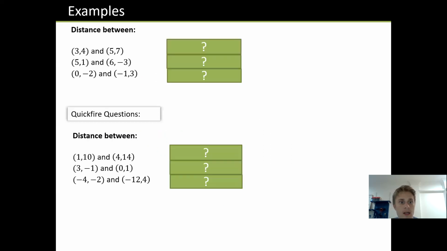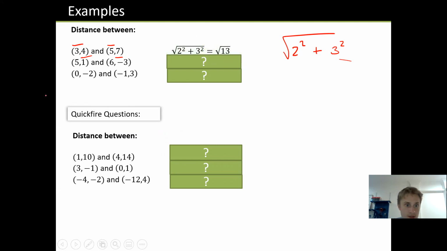Pythagoras, okay? It's just the same Pythagoras as from before. A couple of quick examples, 3 and 5. So the difference is 2. 4 and 7, the difference is 3. Square it, don't forget to root it. Okay, root 13. Let's do another one. 5 to 6 is 1. 1 to minus 3, what's the gap between them? 1 to 0 is 1, and then 3 more, so it's actually 4, okay?